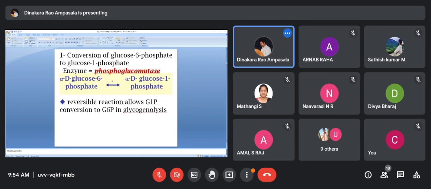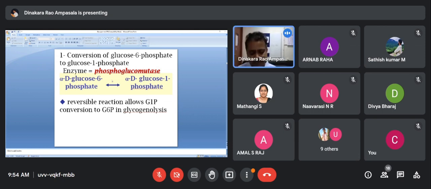Now, the glucose 6-phosphate has to be converted into glucose 1-phosphate to synthesize glycogen. Glucose 6-phosphate is not the substrate for glycogen synthesis. Glucose 1-phosphate is the substrate. The enzyme phosphoglucomutase can convert glucose 6-phosphate to glucose 1-phosphate. This is a reversible reaction.